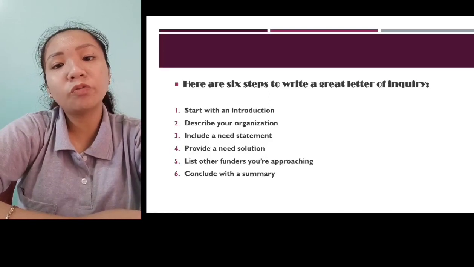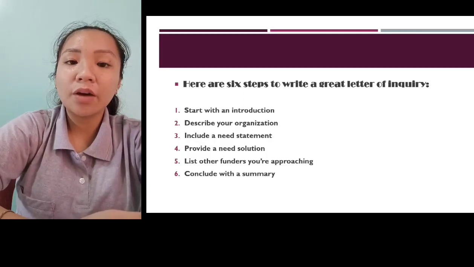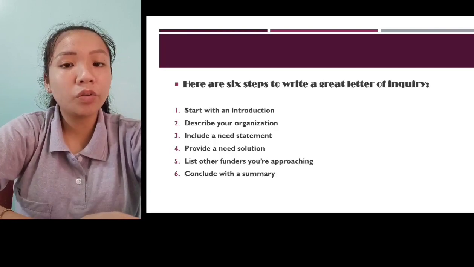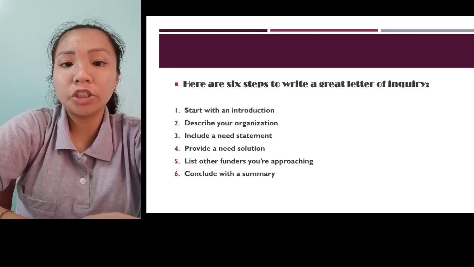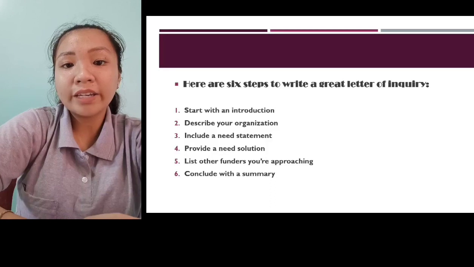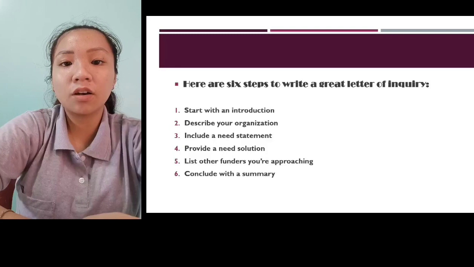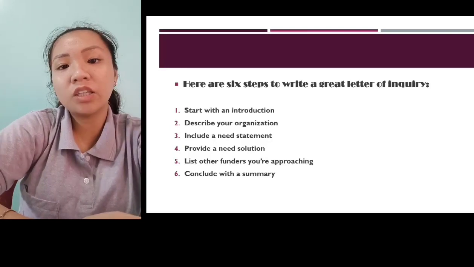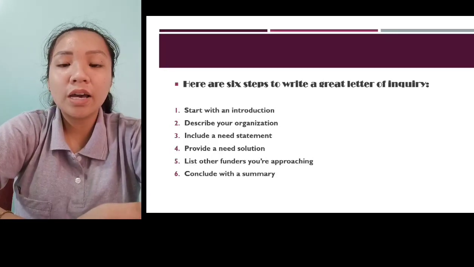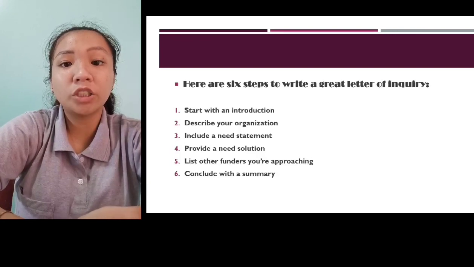Fourth is provide a needs solution. After the need statement, write a paragraph that includes your need solution, a clear description of how your organization plans to respond to the need you've identified. Describe your project, including the progress you've already made and your project's major objectives. Additionally, you can describe the outcomes you expect your project to achieve.